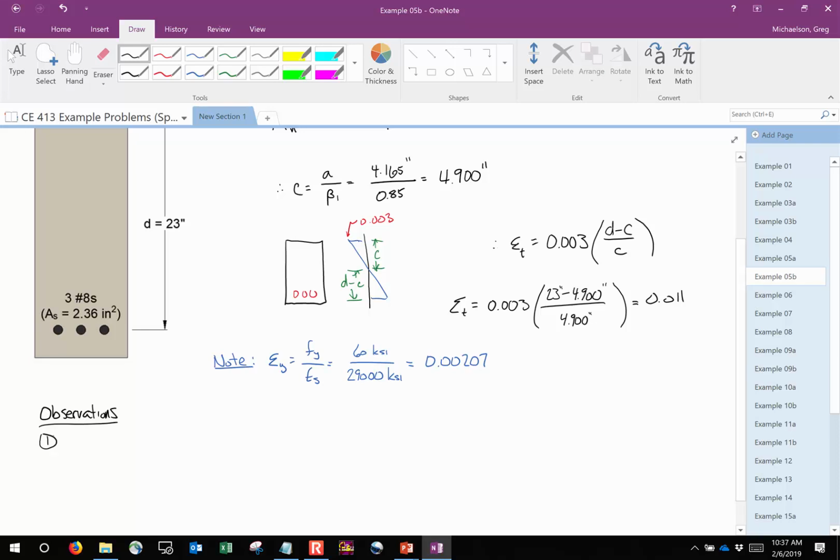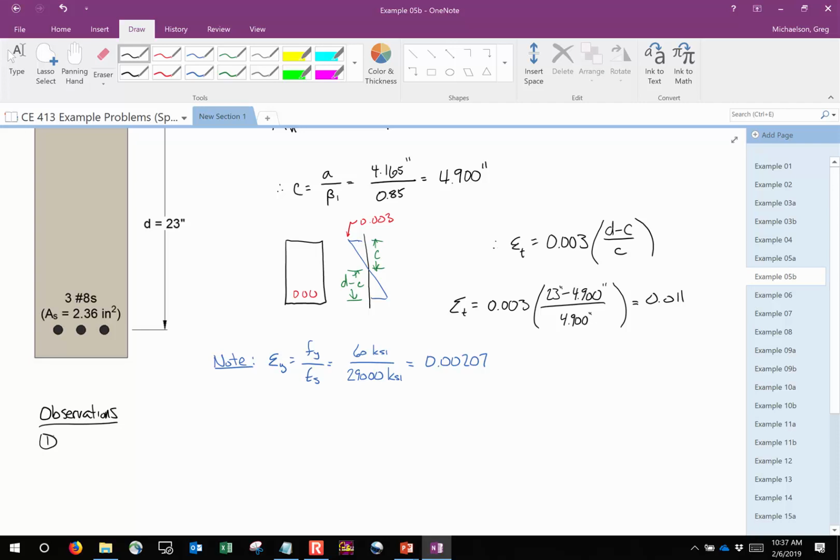First off, compare these two. What behavioral observation can you make? It's already yielded. Remember, we assumed that the steel yielded, that it reached Fy. Well, look, this is the strain at yielding, and this is what it actually experienced. That's like 5 times.